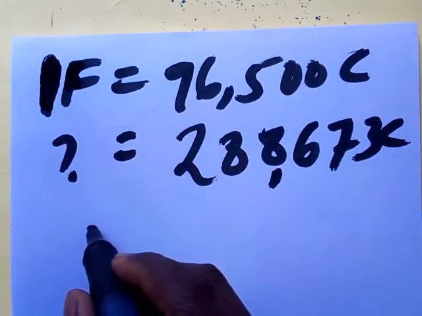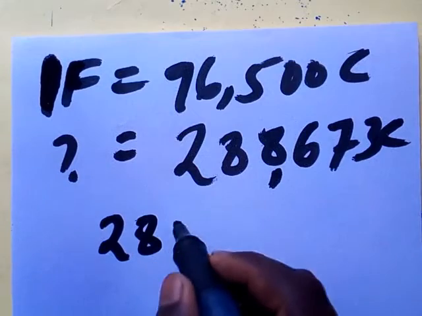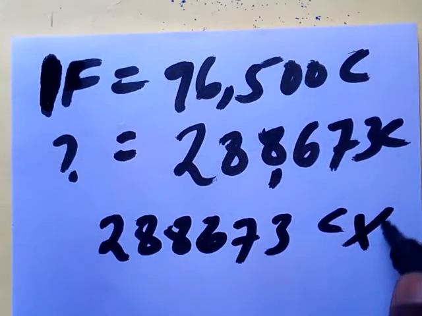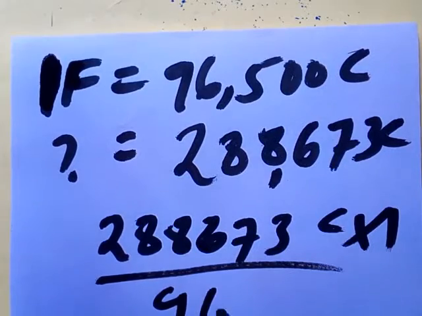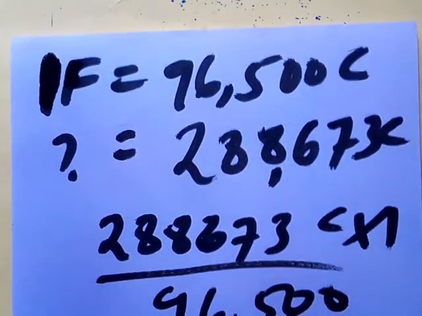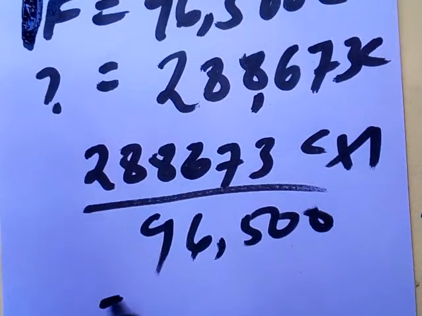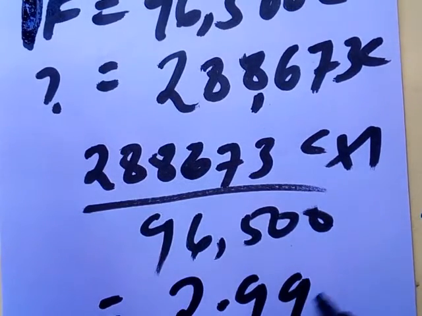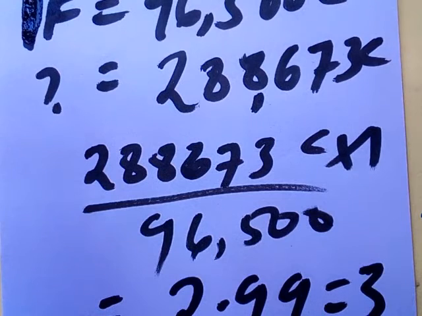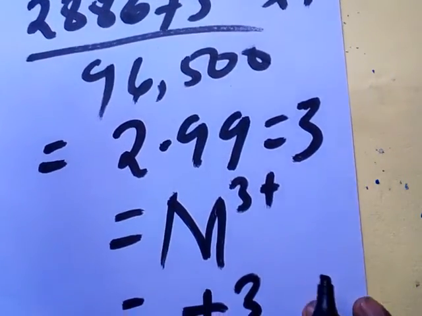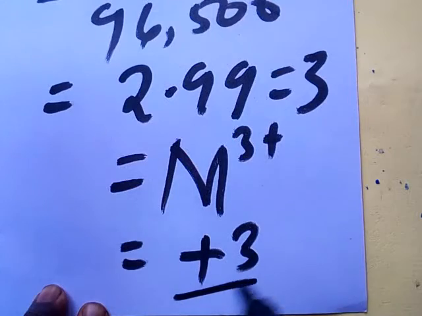So that is 288,673 times 1 divided by 96,500, and this one is going to give us 2.99, which is equal to 3. So the charge of the metal is positive 3. The charge is positive 3 because they're asking for the charge.